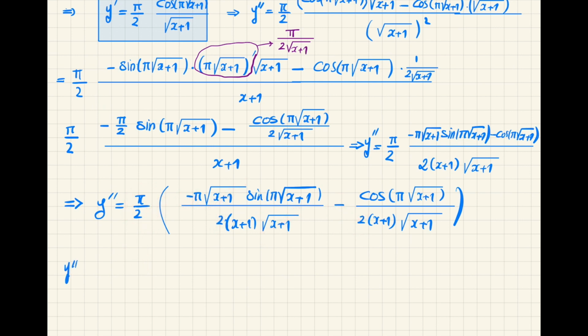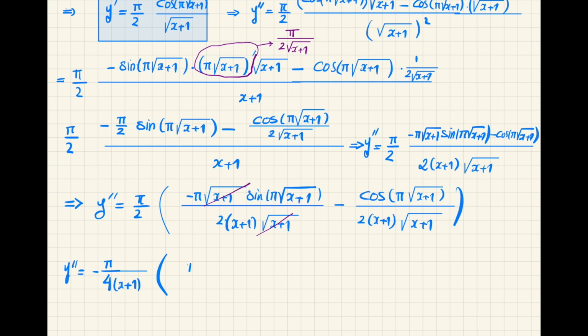So y double prime is equal to minus pi over 4. And then let me cancel this one here with that one. And by the way, you see that this one is in common between these two, so let me pull that one out as well. This will go to the denominator, so this becomes x plus 1. And then what is left for me?